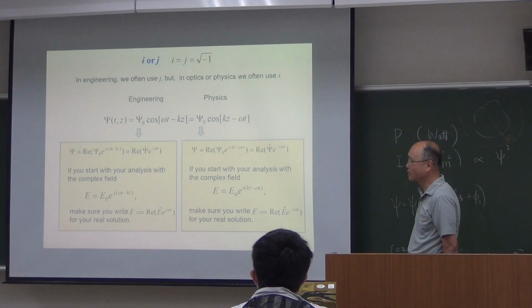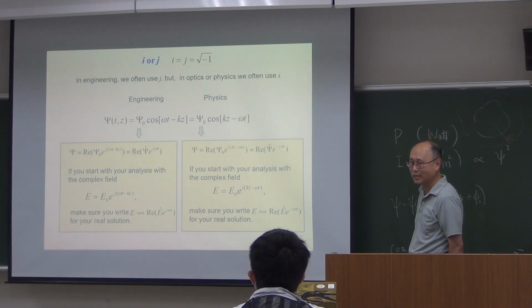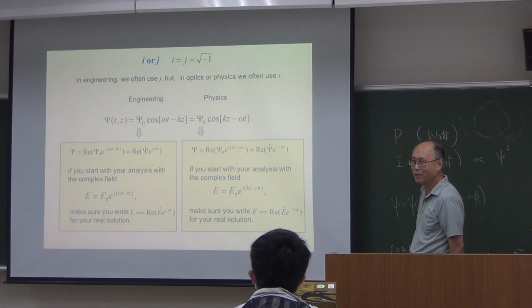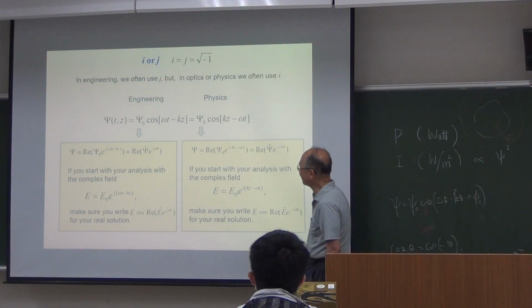But when you adopt complex analysis, the situation is slightly different. Well, so we'll ask, why do we want to use complex notations? Well, just because it's easy to do calculation. All right, so let's continue to write.